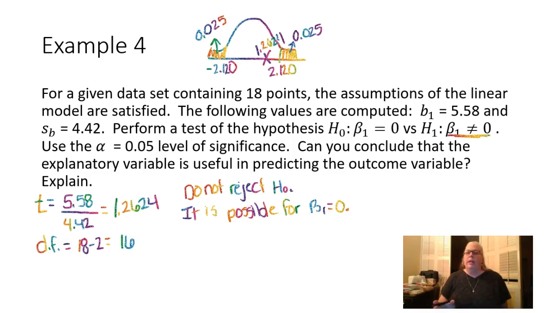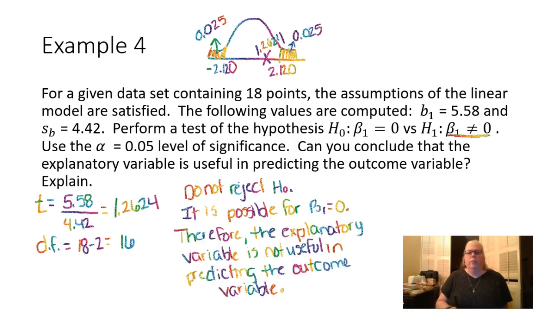And then we said that if the slope is 0, that means that our explanatory variable would not be useful in predicting our outcome variable. All right, and here's our conclusion right here. We say, therefore, the explanatory variable is not useful in predicting the outcome variable.